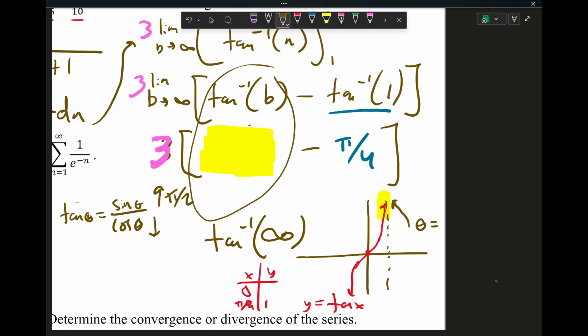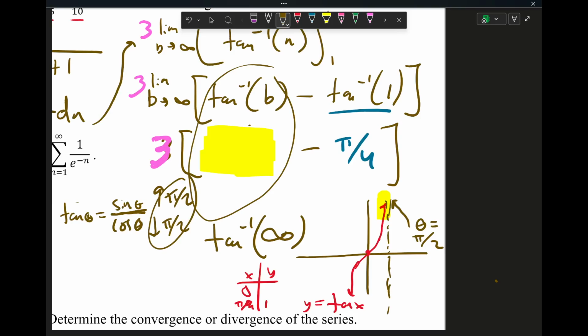And where on the unit circle is cosine as small as, well, ignoring signs, we don't want negative stuff. But cosine approaches 0 at pi over 2. And if you're dividing by something that's close to 0, it makes your fraction go to infinity. If your numerator keeps growing, then your whole fraction goes to infinity. So all of that is to figure out that this was pi over 2.